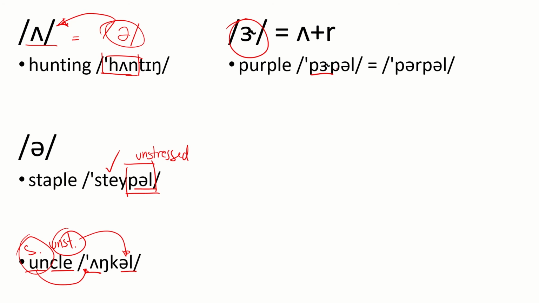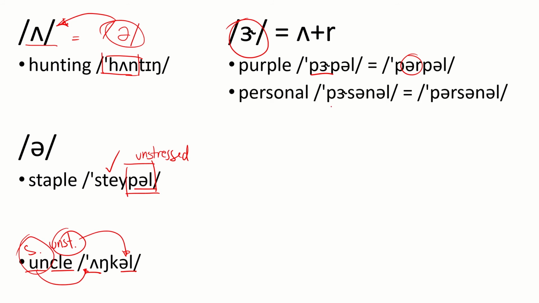That says purple. It can be a little bit confusing, and that's why Peter Avery and Susan Ehrlich decided to keep it simple and just do the R-colored schwa, which stands for the same thing. And many books also use the R-colored schwa just like that, instead of having this other symbol that includes the tent schwa and the R.